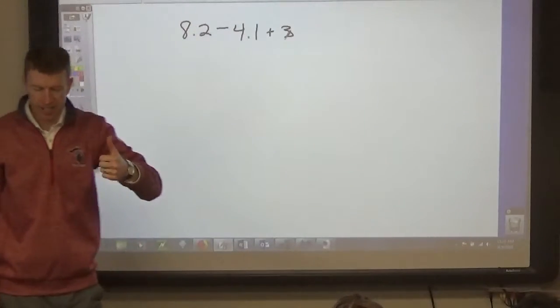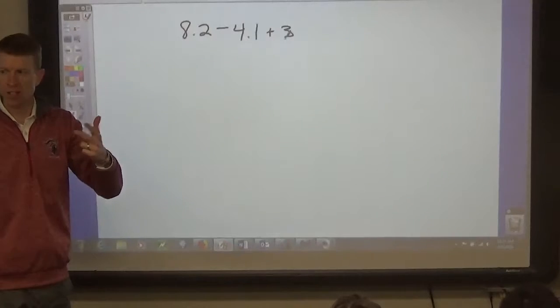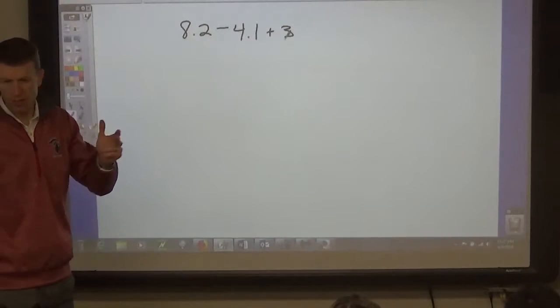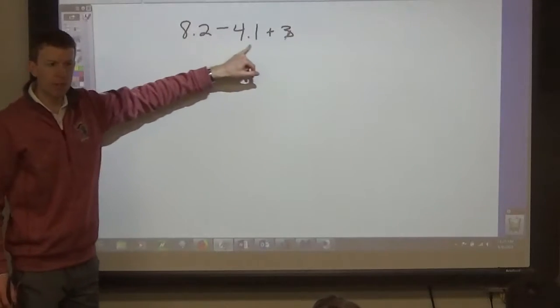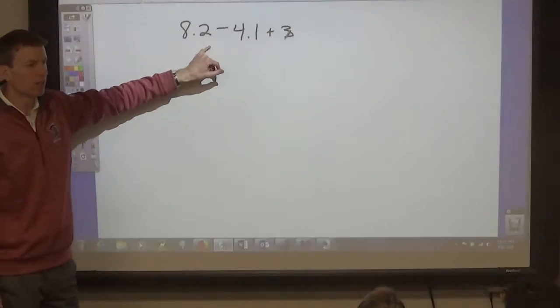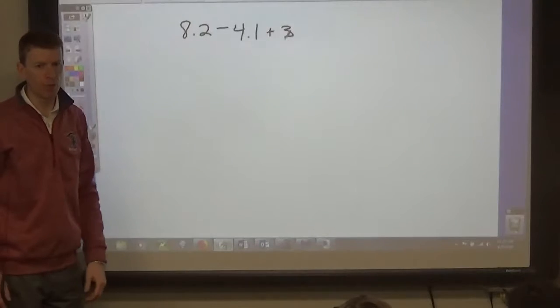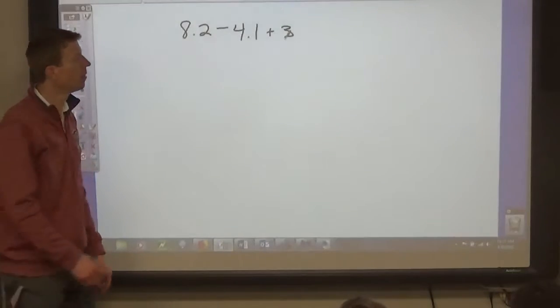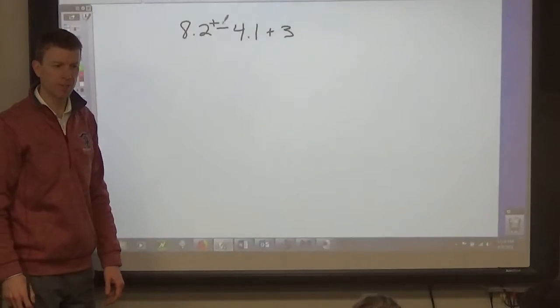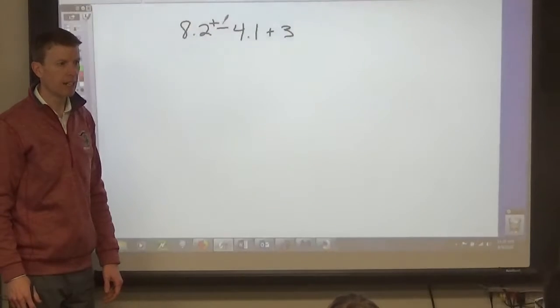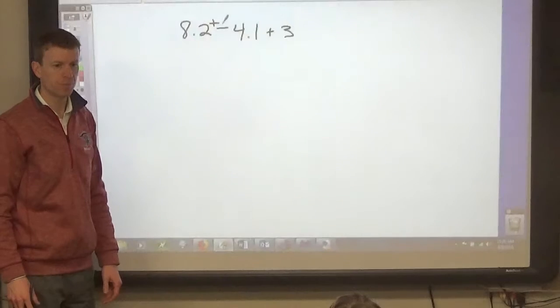There's no parentheses, there's no exponents, there's no multiplication and division. So we can use the commutative property or the associative property if we wanted to. Okay? Always insert a plus sign in front of the minus sign when you're doing these.